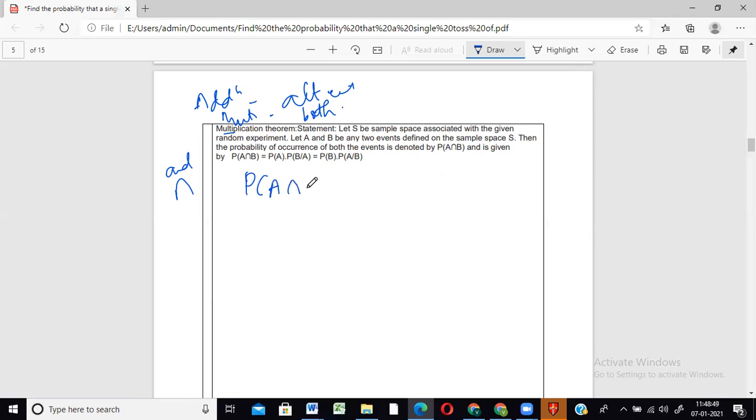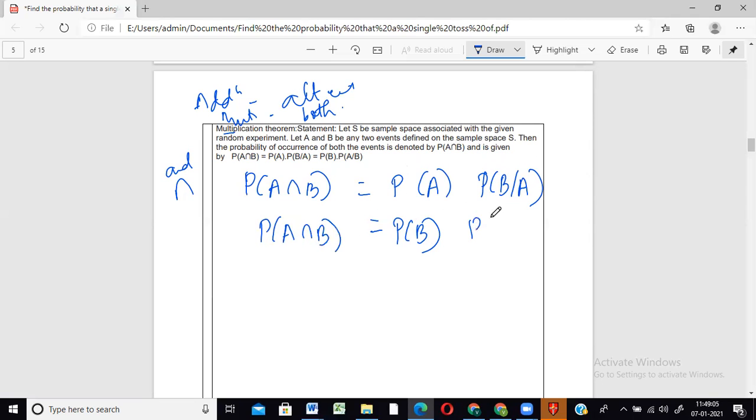So the formula of A intersection B is equal to, there are two formulas. If you're writing it with respect to probability of A, it will be like this. You don't have the proof, you only have to remember the formula. But if you're writing it with respect to B, it will be probability of B into probability of A such that B. So this was the statement and the formula you have to remember.